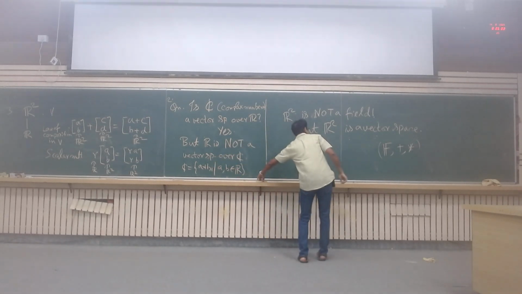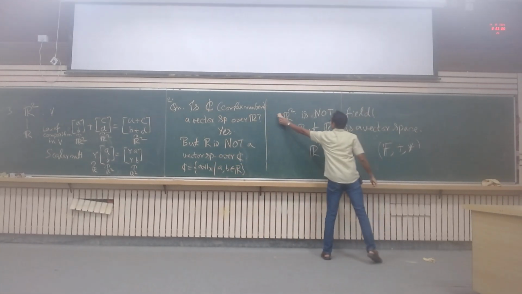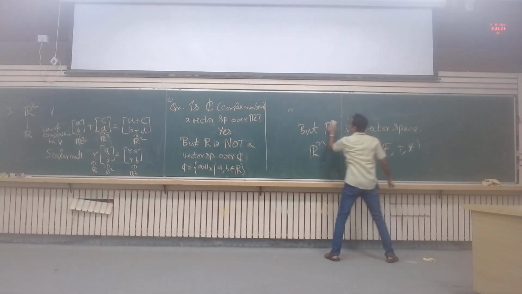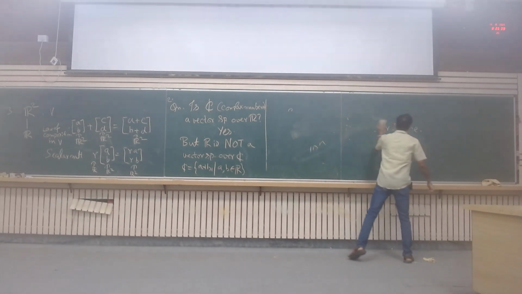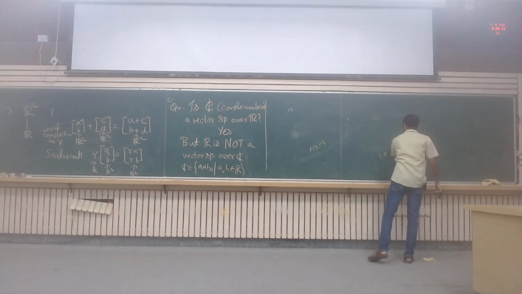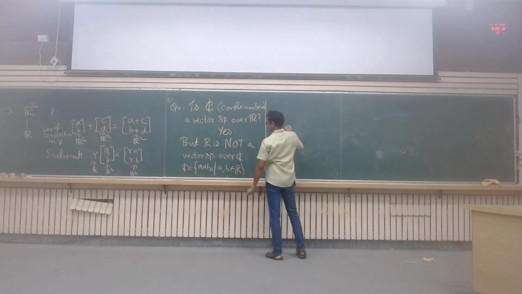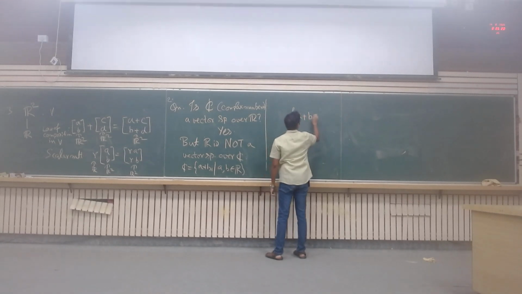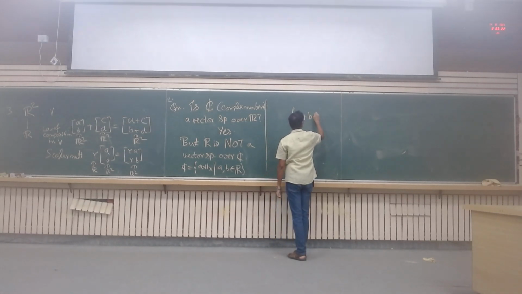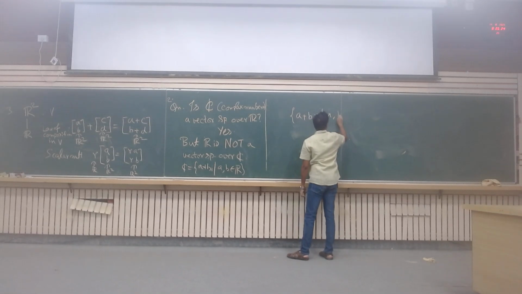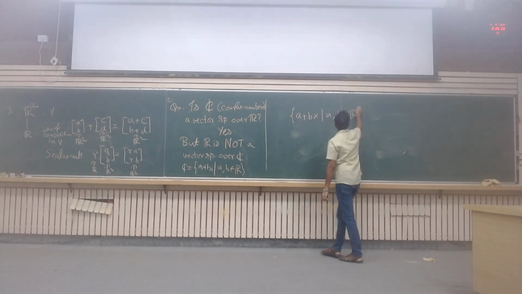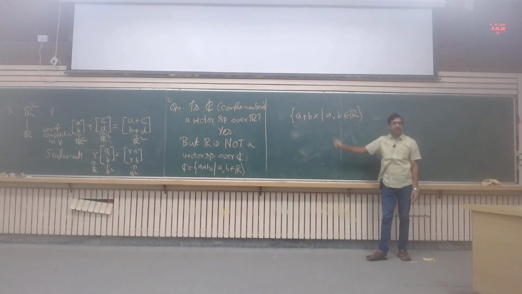Okay? So what I'm saying is this: instead of this, what happens if you consider this kind of thing, a plus bx, such that a and b are in R? Is that a vector space? So what is x?